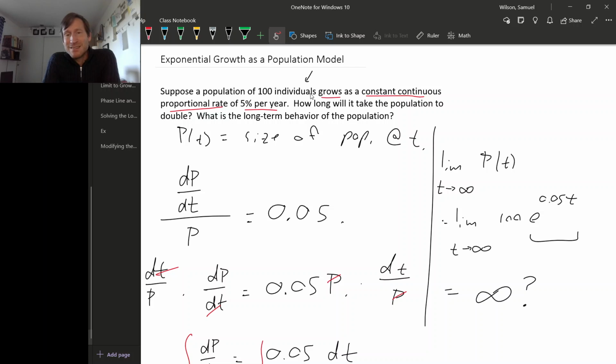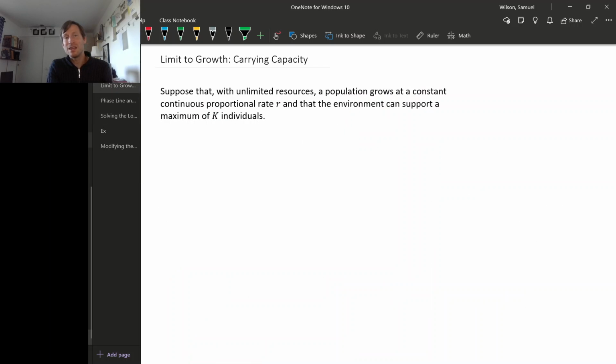This description of the population just assumes that there's no limit to how large the population can grow. But there's always some kind of limit. If nothing else, you're limited by the number of individuals you can fit in the environment. So we need to somehow modify this differential equation to limit the growth rate.